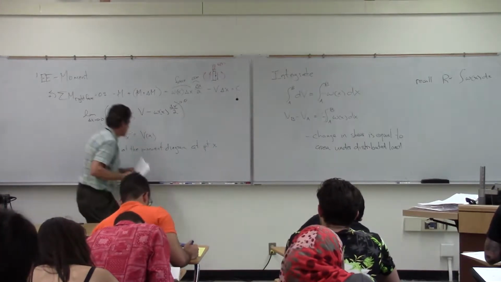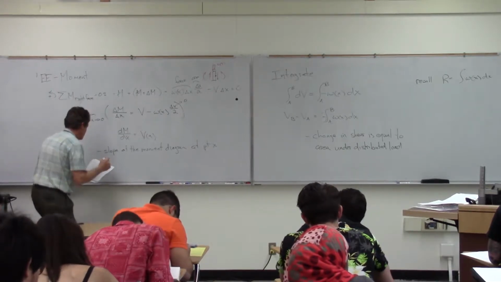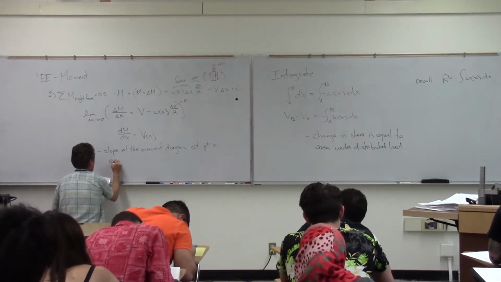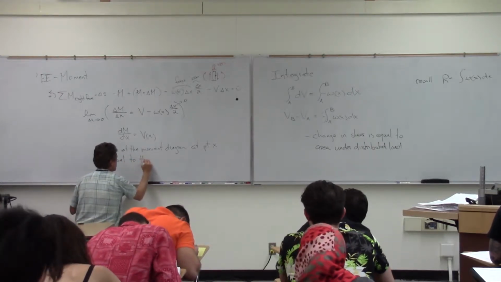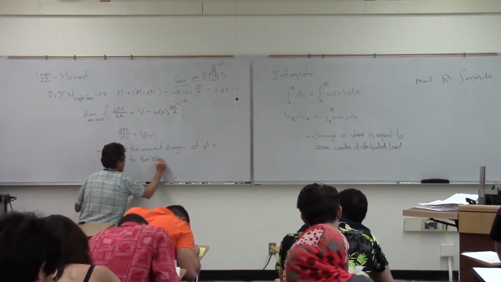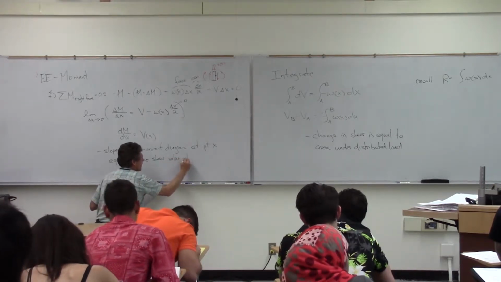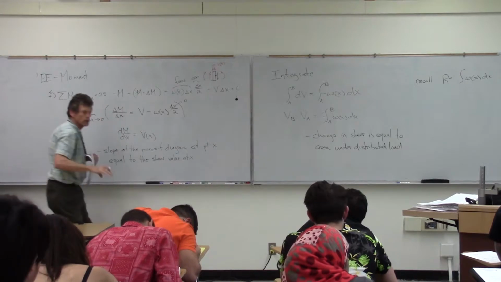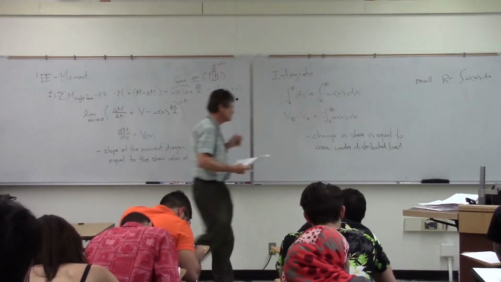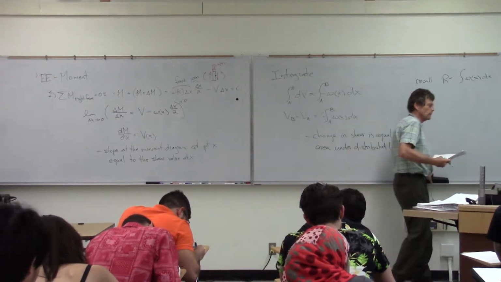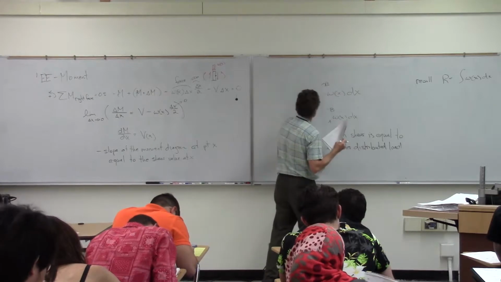So what that's telling me is the slope of the moment diagram at point x is simply equal to the shear value at x. And some of you were recognizing that when we were doing the equilibrium approach.